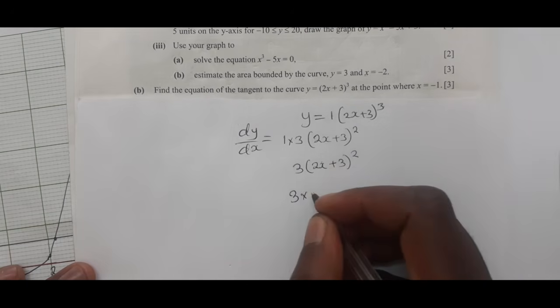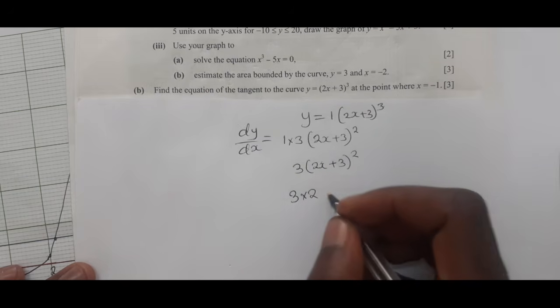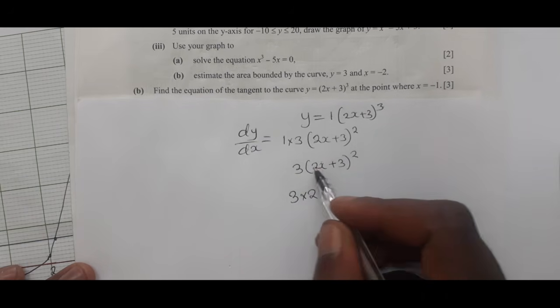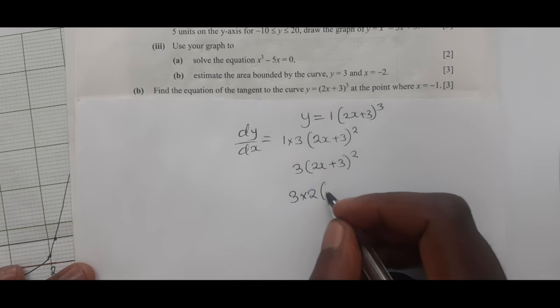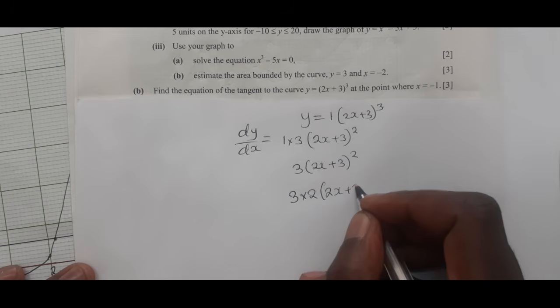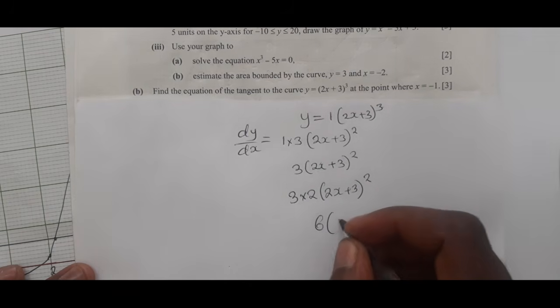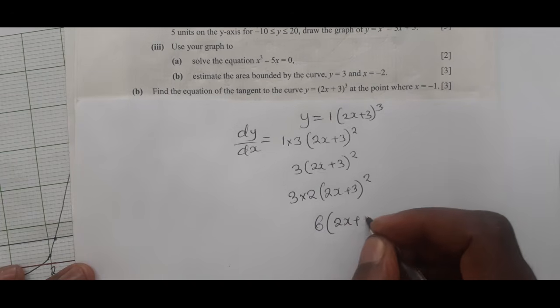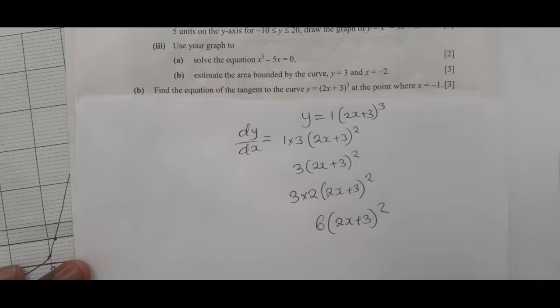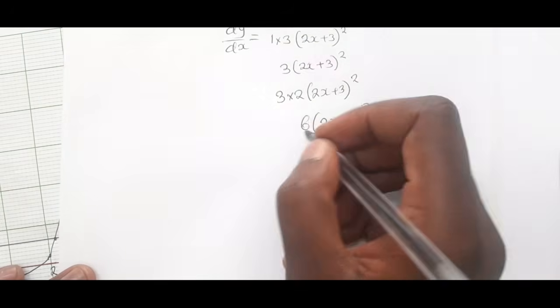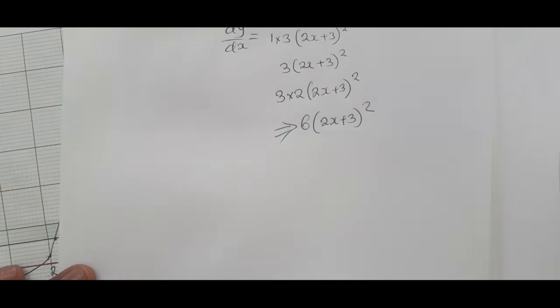That is the derivative of what is inside. But take note that the 3 will still be maintained here. So we're going to have 6(2x + 3)^2. This is our dy/dx.